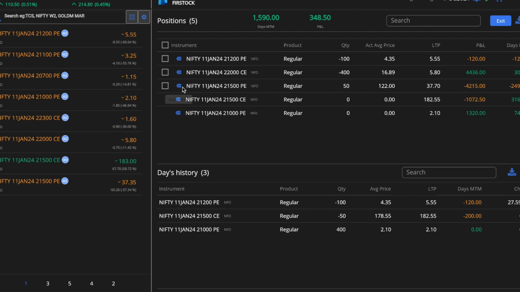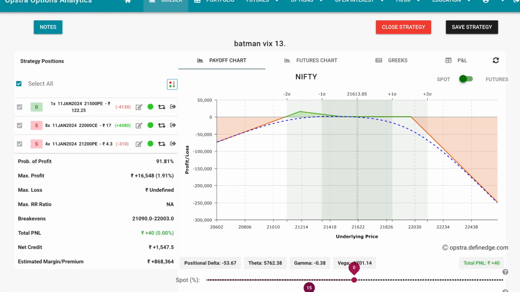I think this is 21,200 and 22,000. So that is the range we're looking at.